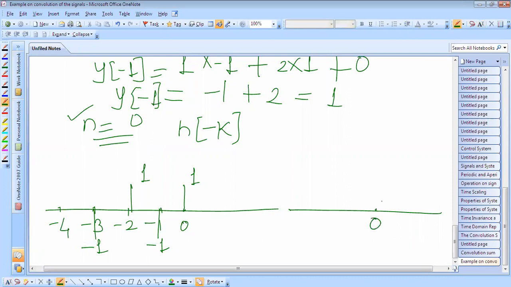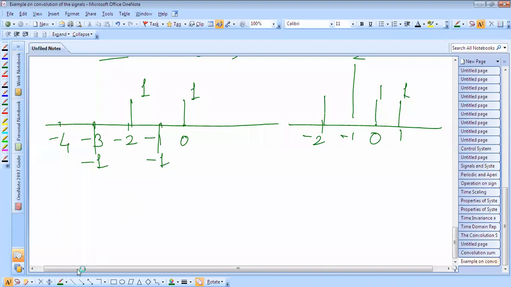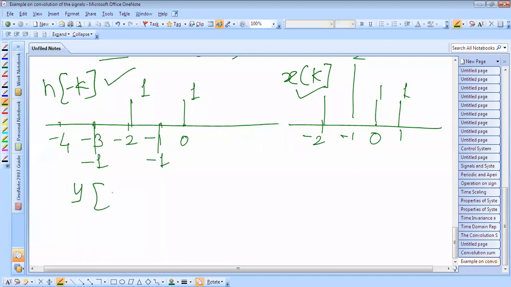The input is the same. The input is given at 0 as 1, at 1 as 1, at -1 as 2, and at -2 it is again 1. So this is actually the impulse response h of minus k, and this is x of k. This is the input and this is the impulse response. Now we have to find y of 0, because we have substituted n is equal to 0.